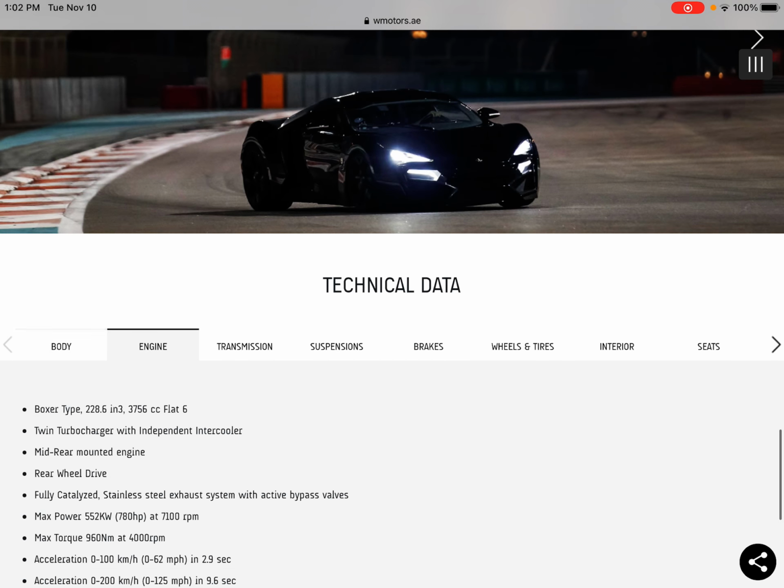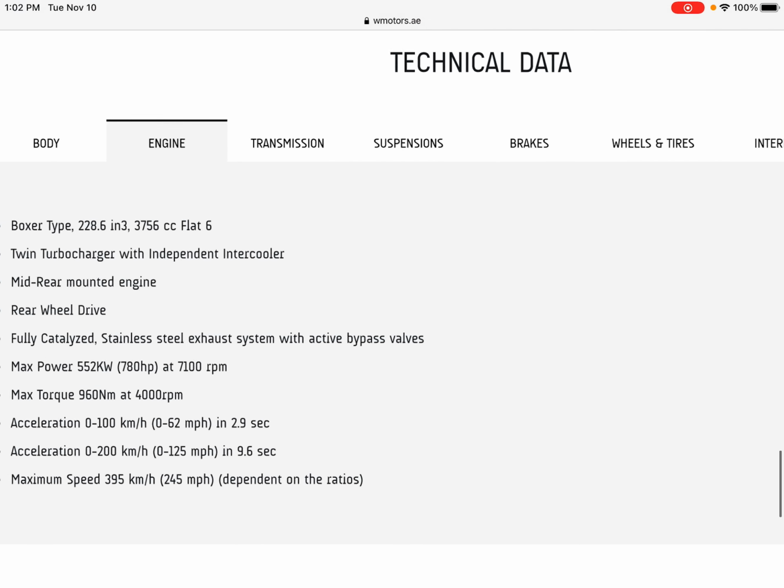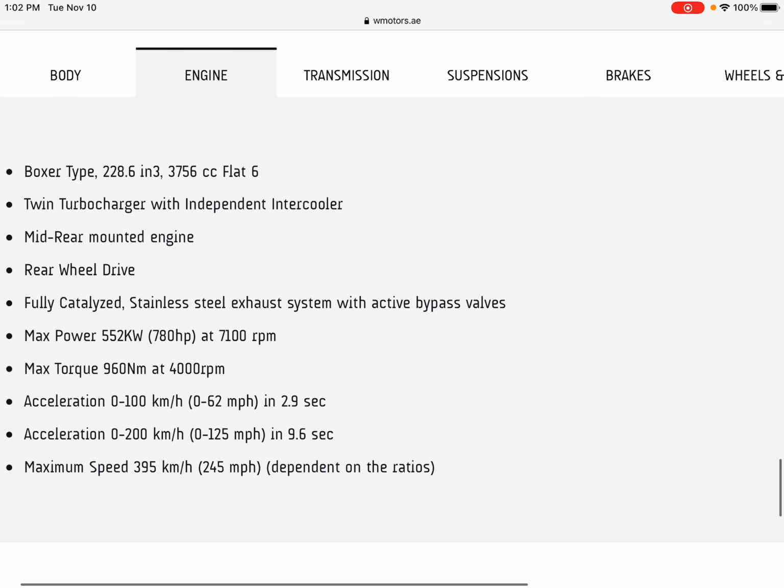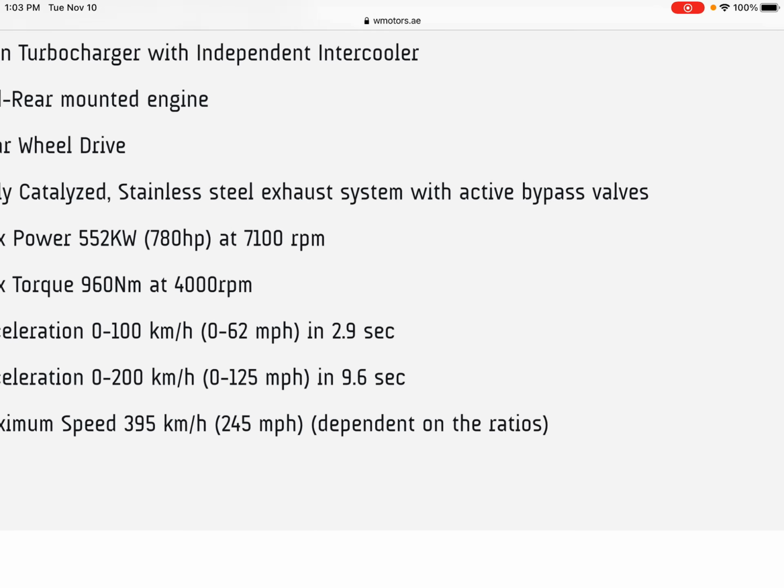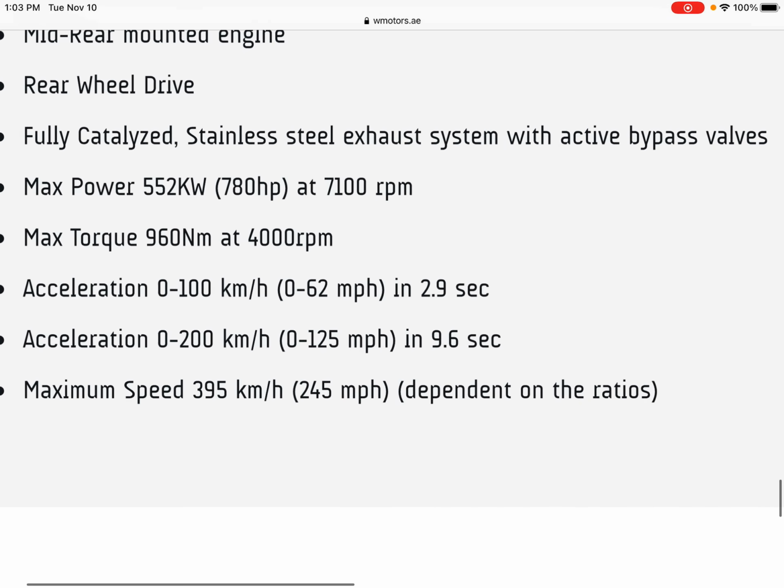They give us a couple of values we can use. They tell us that we can go from 0 to 62 miles per hour in 2.9 seconds, 0 to 125 miles per hour in 9.6 seconds, and our maximum speed is going to be 245 miles per hour.